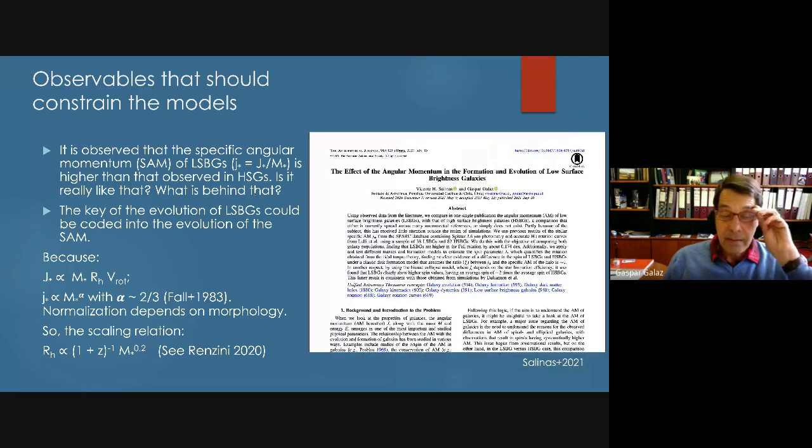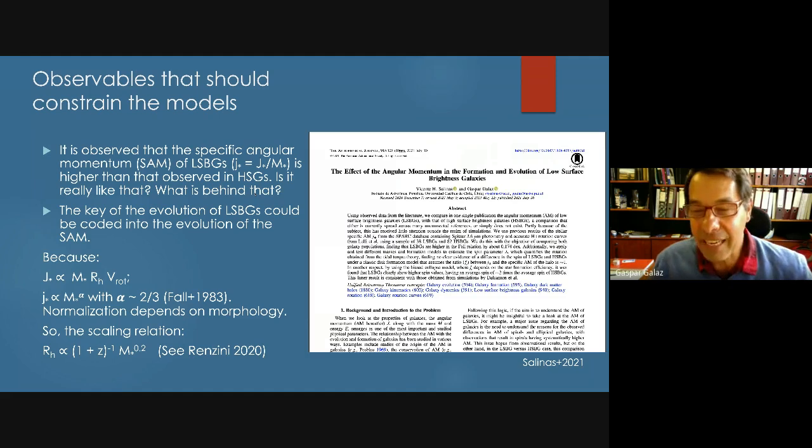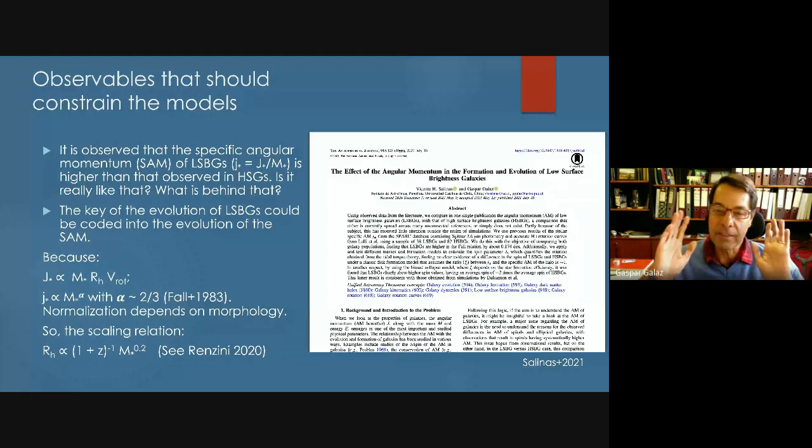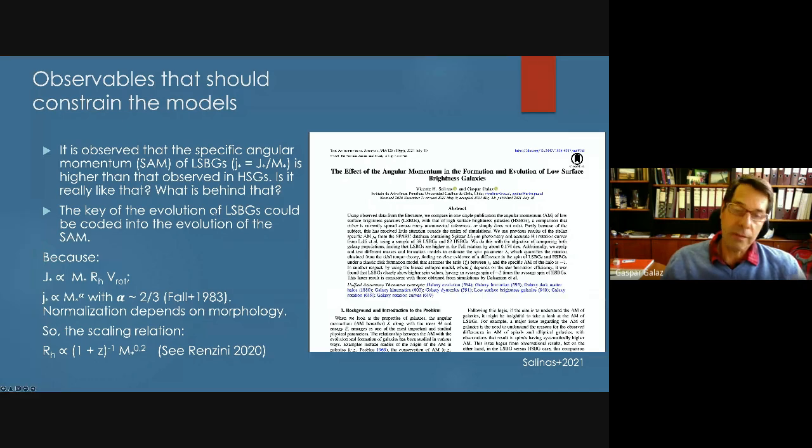Then we published with a student in 2021 a little bit of an odd publication. We took many galaxies, normal and LSBs, from the literature. We computed the mass. So we made a compilation of all we have, and we published in one single publication the angular momentum computed from first principles and observational data for all the galaxies and compared.